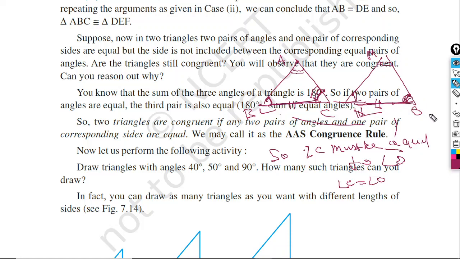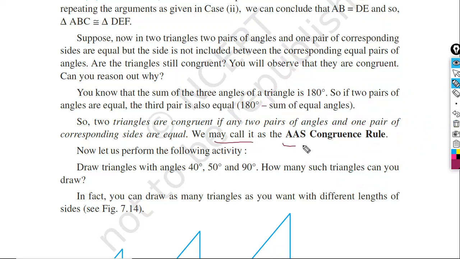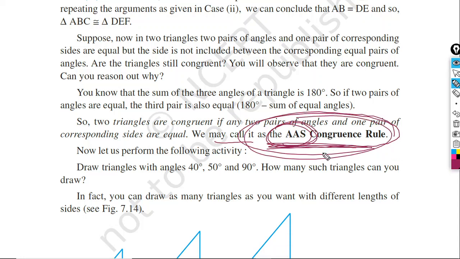Therefore we can say if two angles and one side of one triangle are equal to the corresponding two angles and one side of another, then the two triangles will be congruent. Okay? So we may call it the angle angle side congruency rule. This is a new concept for you. This was not in class 8, I suppose. So this criterion is called the angle angle side congruency rule.